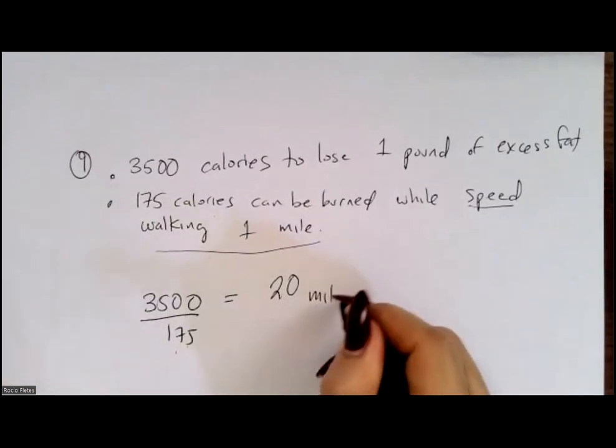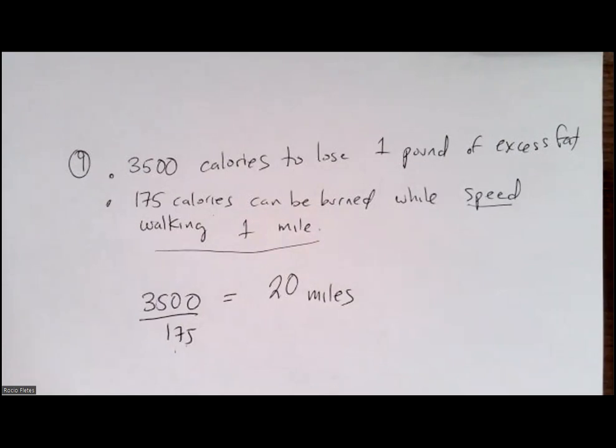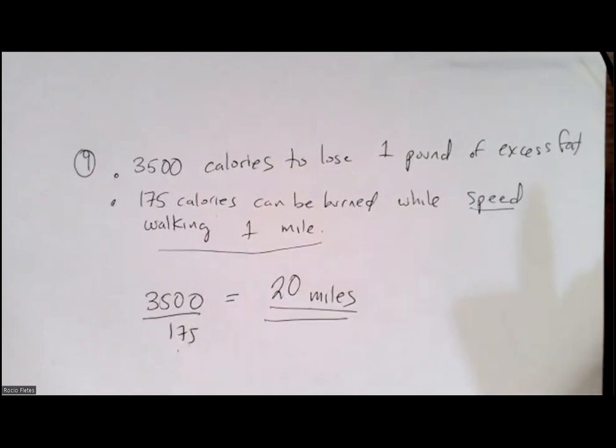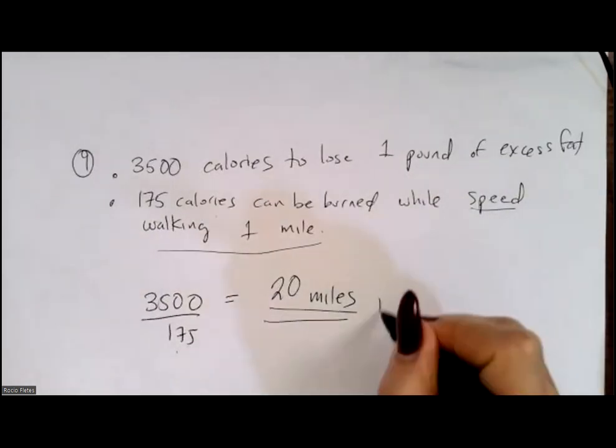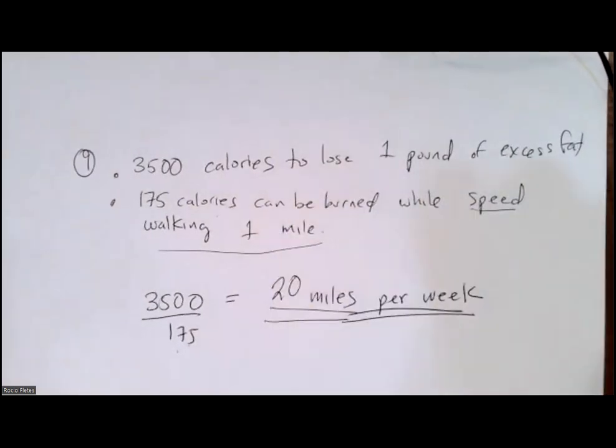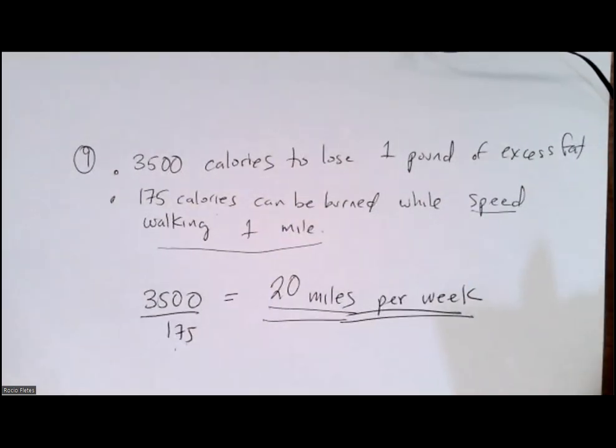In order to burn the calories I need to burn, it's gonna take 20 miles per week. This is per week. So this person has to walk 20 miles per week, right?